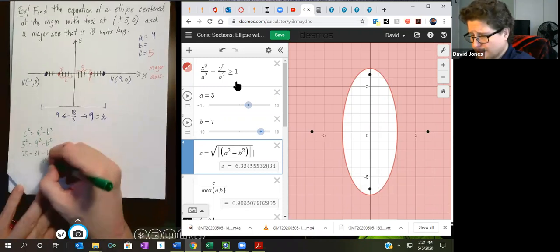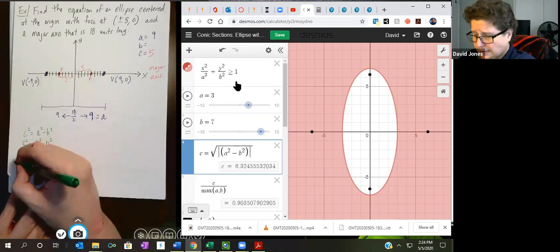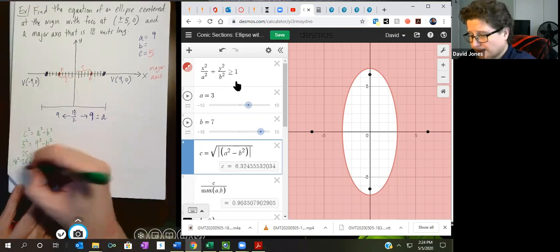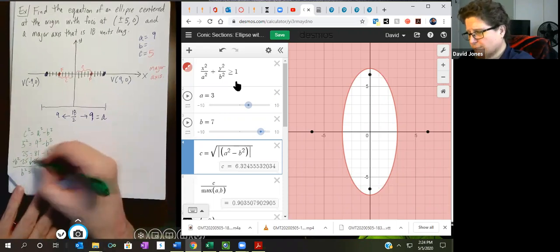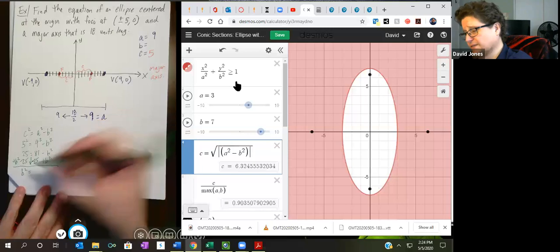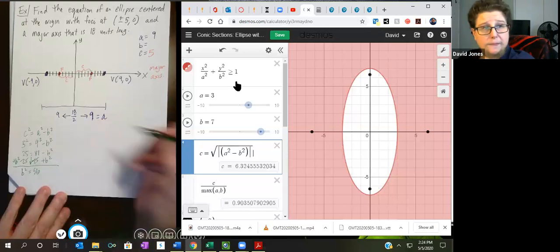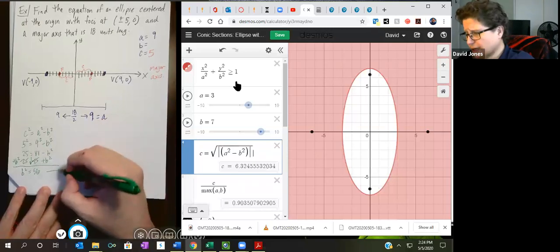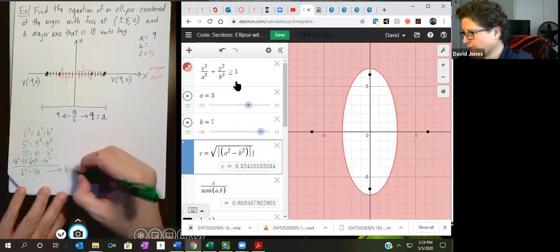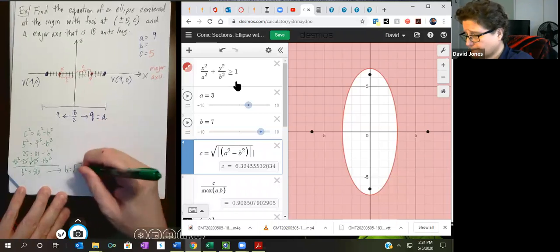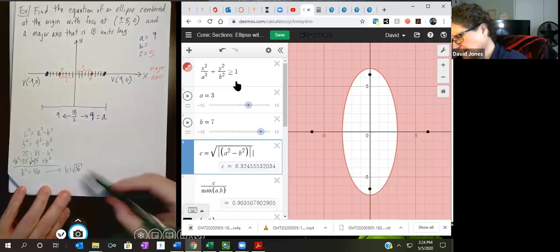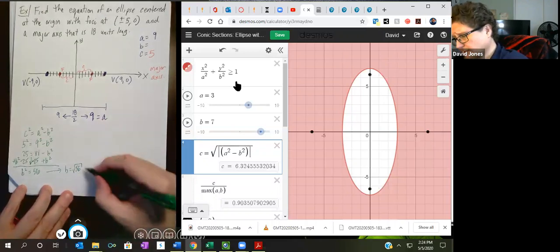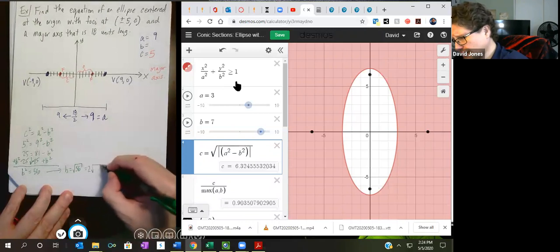I'm going to add B squared to both sides and subtract 25 from both sides. That keeps my B squared positive. 81 minus 25 is 56. So that tells me B is the square root of 56, which is 2 root 14.